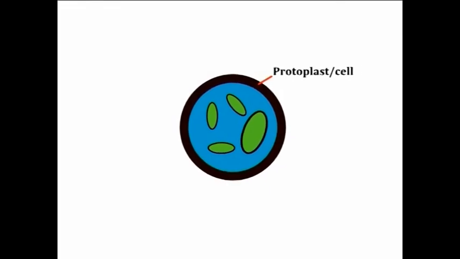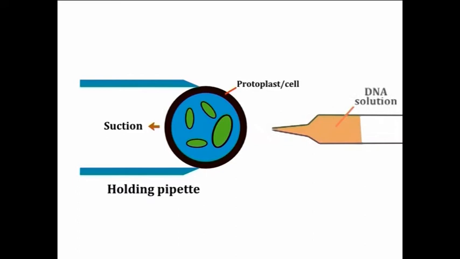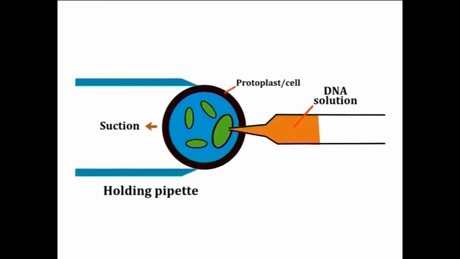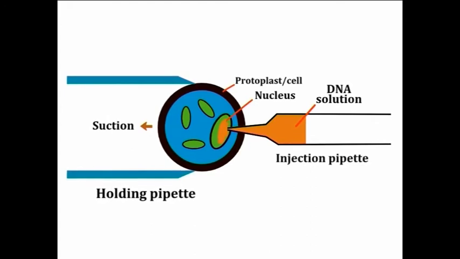The protoplasts are held by a holding pipette and DNA solution is injected into the nucleus by using an injection pipette. The microinjected protoplasts are then cultured using the hanging droplet culture method.